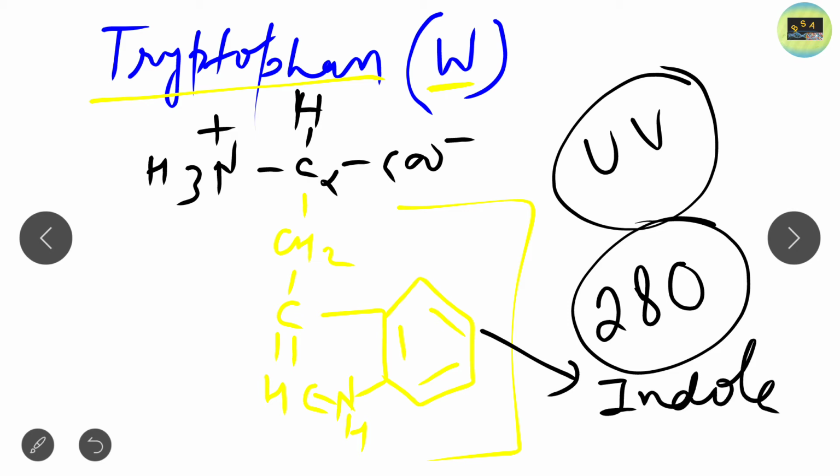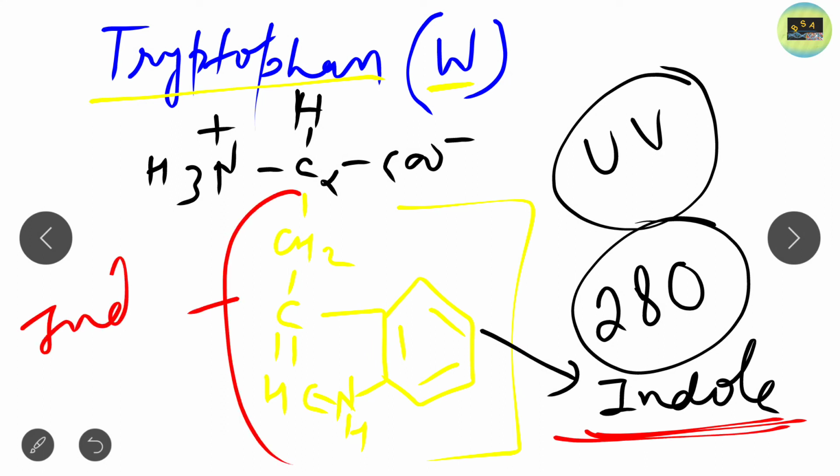This is another important thing that I forgot. Sometimes you may get a question in an examination, match the following, where you get tryptophan and indole, and you have to match that the side chain of tryptophan is indole.